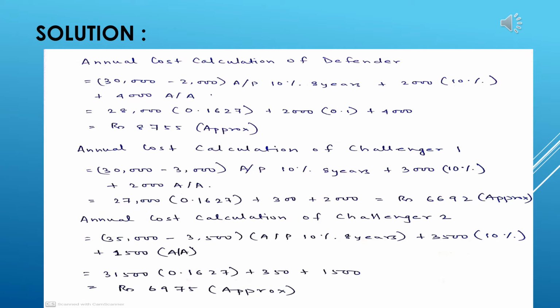As this is a cost calculation, we can take all the costs to be positive, but we should be taking the income to be negative.